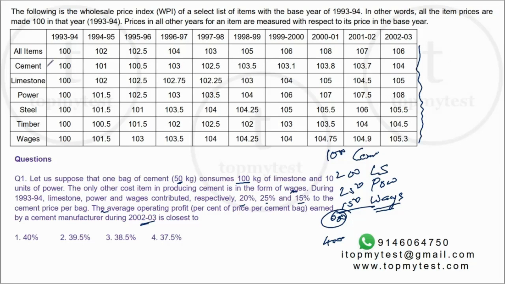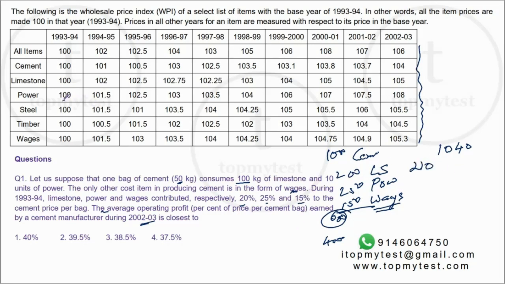But now because it has increased to 104, we'll be able to sell it at 1040, 4% rise. Right. Now we need to look at the costs also, how much the costs have risen. Limestone 100 to 105. So 200 will become double of this. So 210. Limestone cost will be 210.